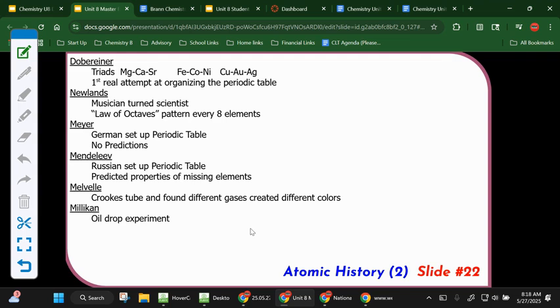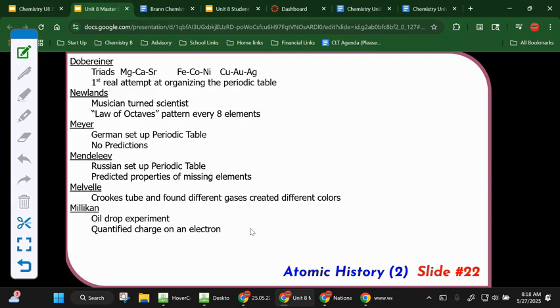And he could get the particles to suspend there in between these two charged plates. And then if he would adjust the electricity on one a little bit more than the other, he could get the particles to move one way or the other. That was the oil drop experiment. Yep, that's what I would write down.